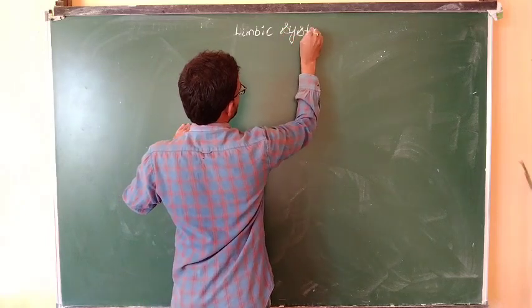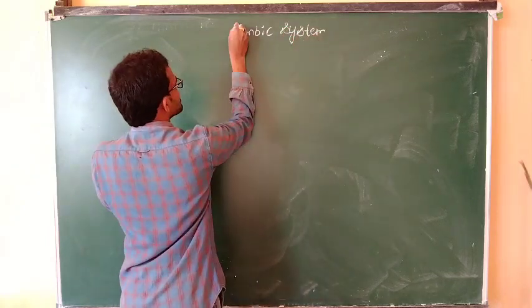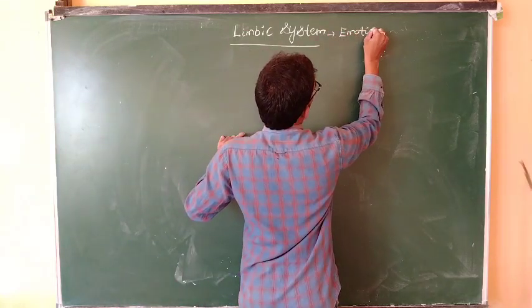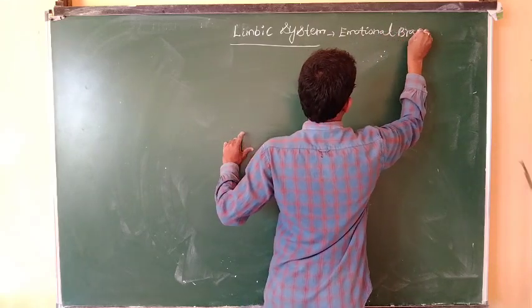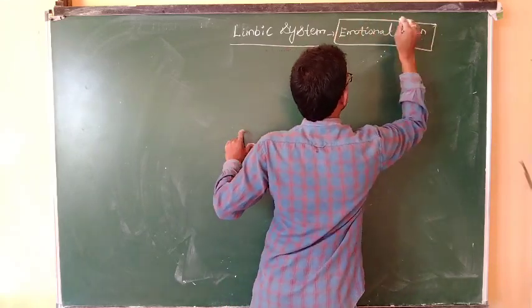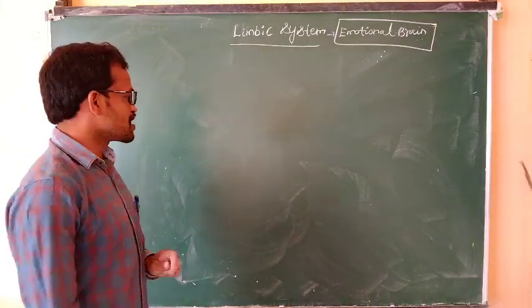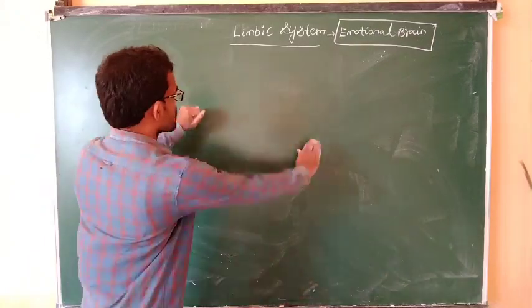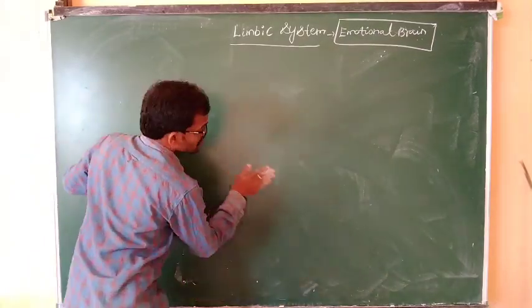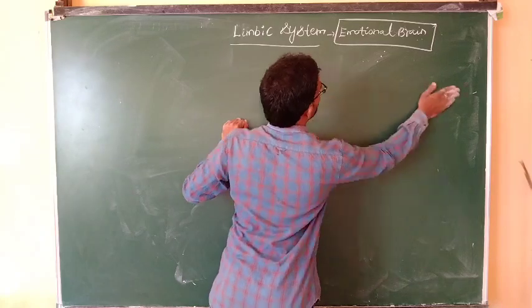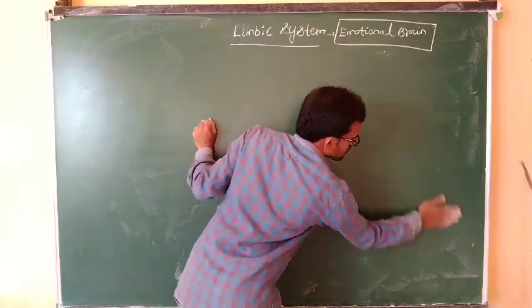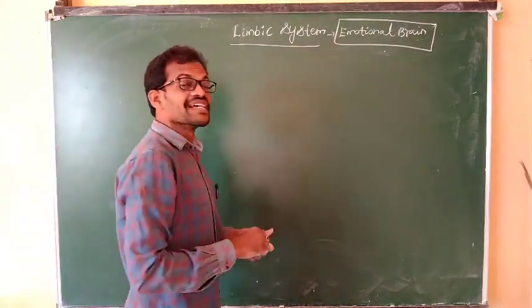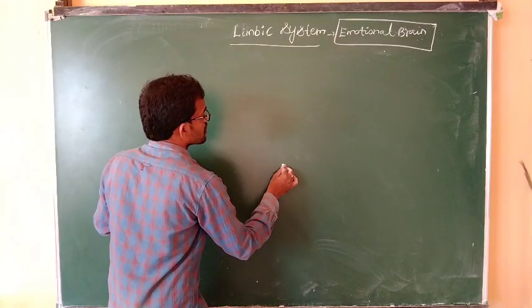The limbic system is also known as the emotional brain. See here, the limbic system.